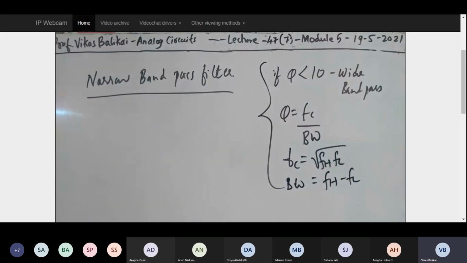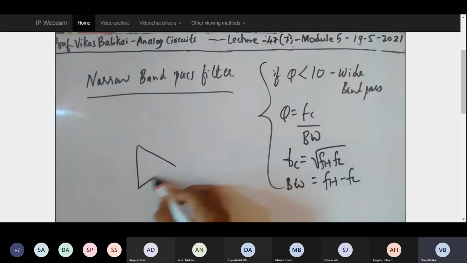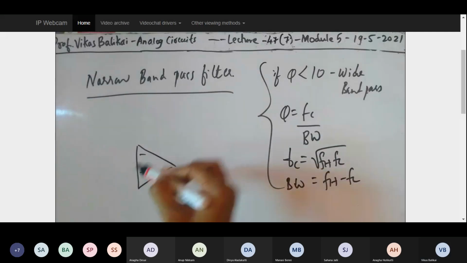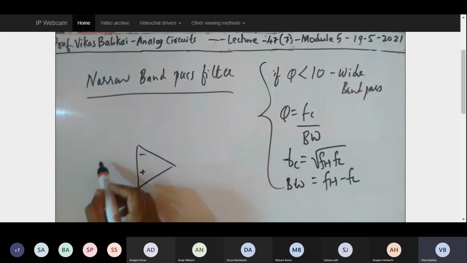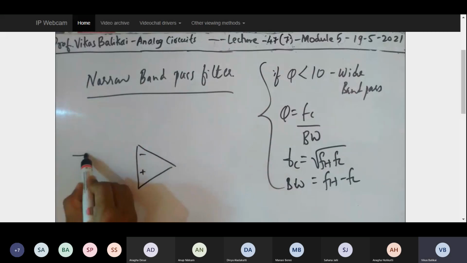Now moving ahead, I told you that there will be one more kind of filter available with another circuit. So let me just draw the circuit. Here goes the circuit diagram for my narrow band pass filter.